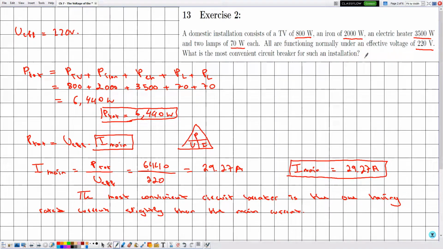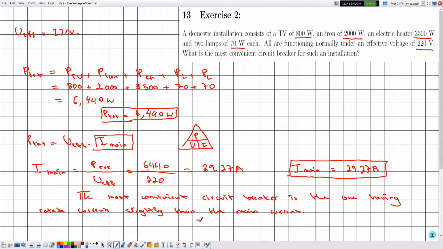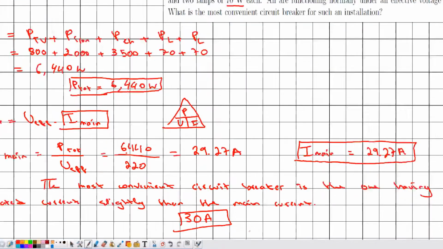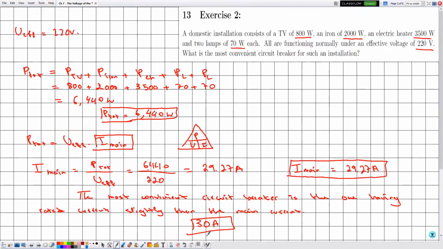So here we don't have any choices of referring to the values of the rated current. Knowing that 29.27 is the main current, simply a circuit breaker carrying the indication 30 amperes would be suitable for this domestic installation, because what does this indication represent? This is the rated current under which the circuit breaker protects this domestic installation.